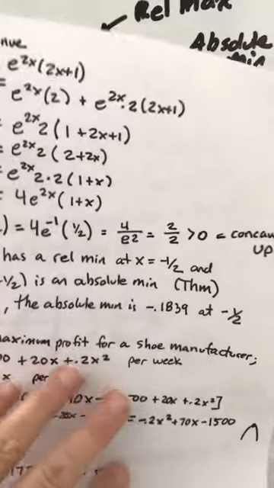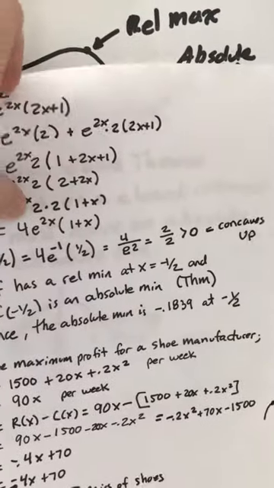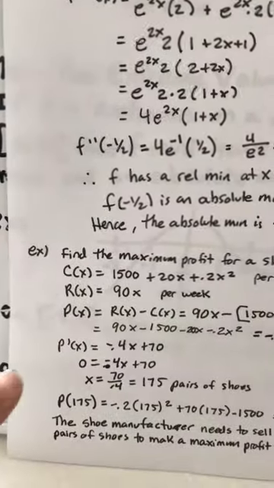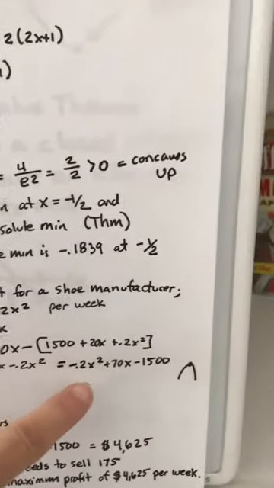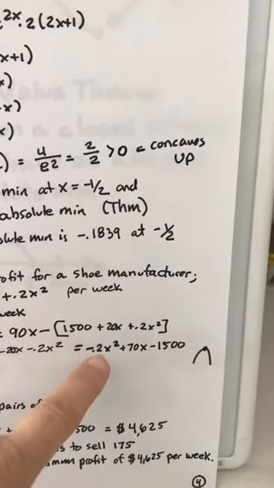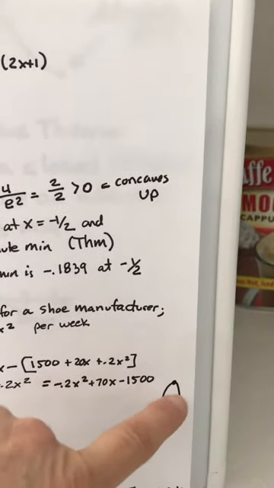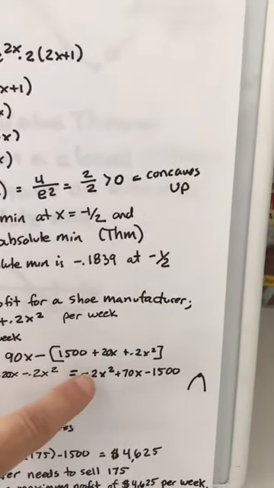Now, we notice our profit function is a quadratic, and the leading coefficient is negative. So we can see that we're going to have a max, because it concaves down because of that negative sign.